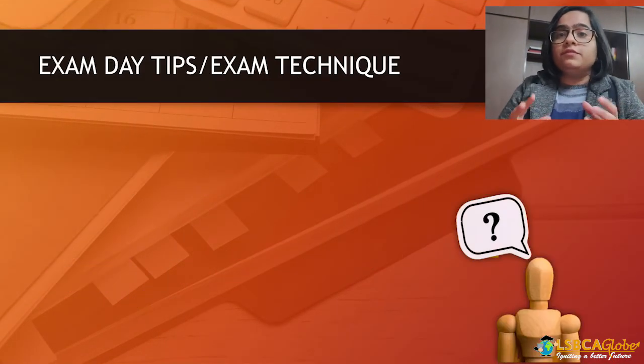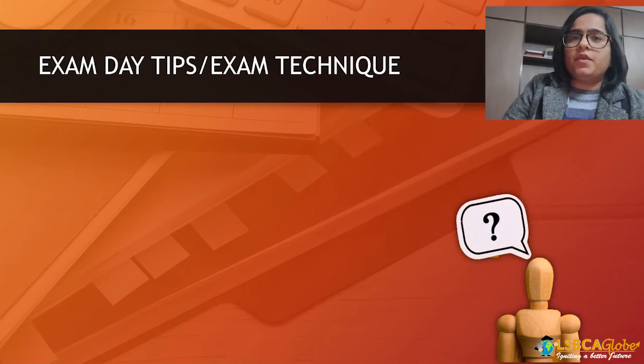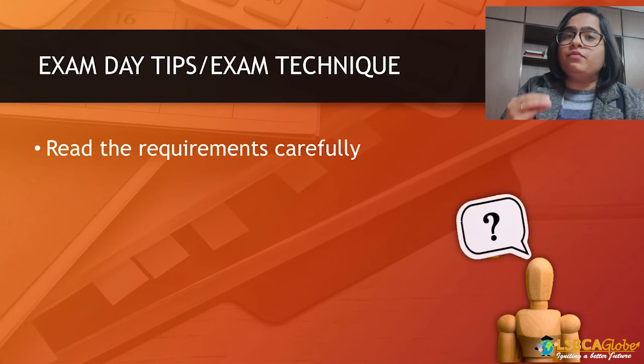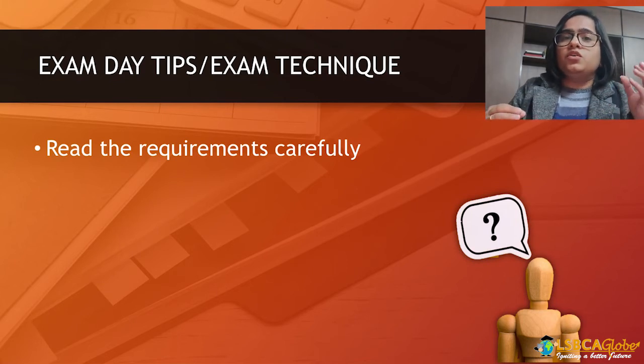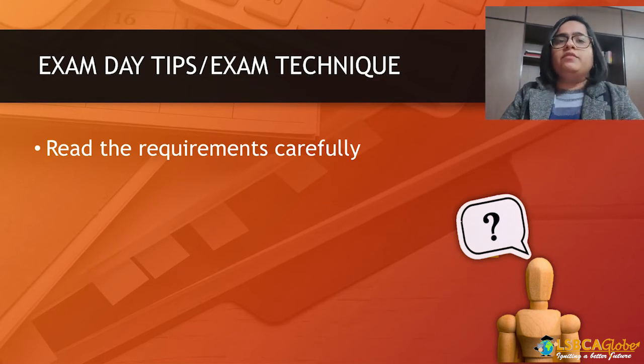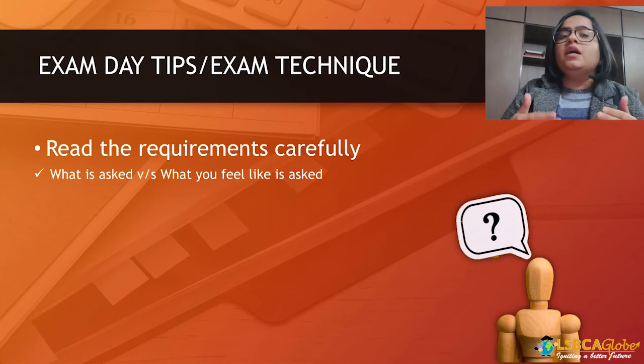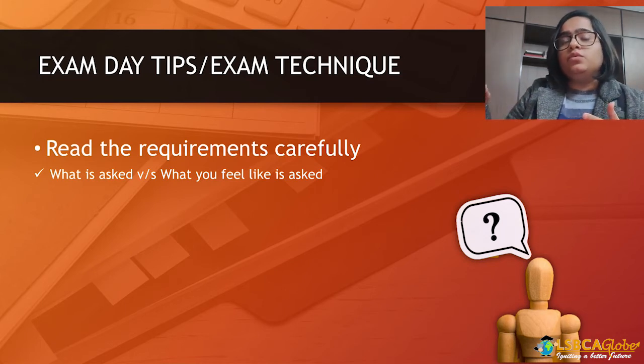Now that we've gotten familiar with the company background, next comes the requirements. You must read the requirements very carefully, because you should only answer what is asked and not fall prey to what you feel is asked. What happens is that we have attempted so many questions during our practice that while attempting our actual paper, we might come across some data which is similar to questions that we attempted earlier.